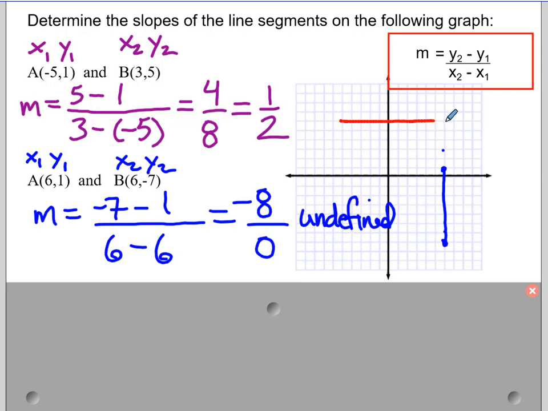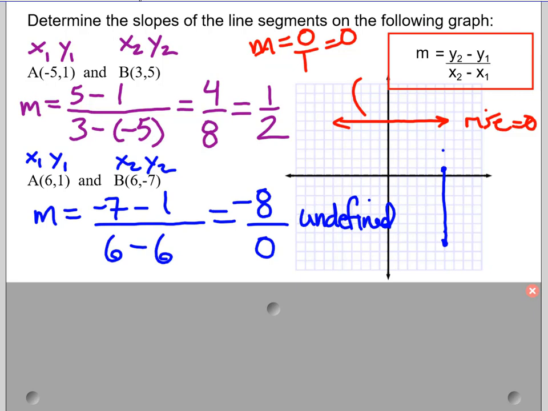If we were to draw a horizontal line, the rise on a horizontal line is 0. So the slope of a horizontal line is 0/1, which equals 0. Let's move that over. Okay, so there's only two special cases to really worry about when it comes to finding slopes.